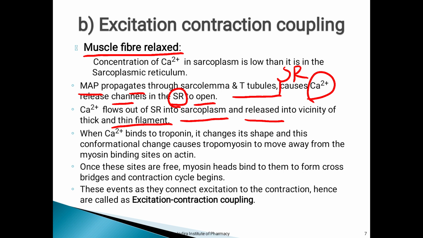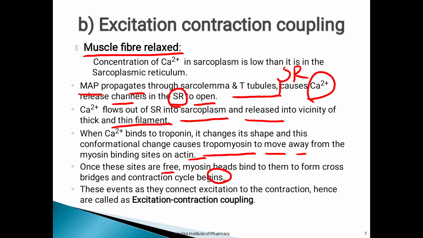When calcium binds to troponin, it changes its shape, and this conformation causes tropomyosin to move away from the myosin binding site of actin. Once the sites are free, myosin heads bind to them to form cross bridges and the contraction cycle will begin.